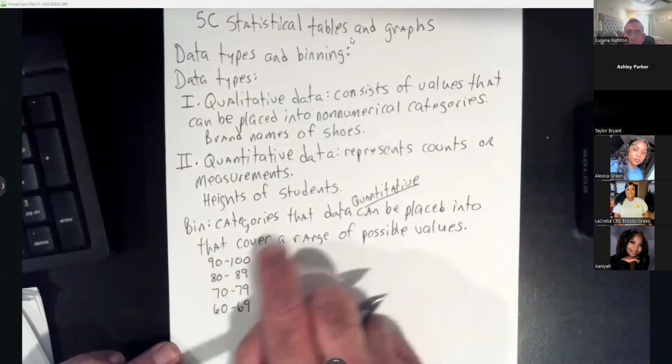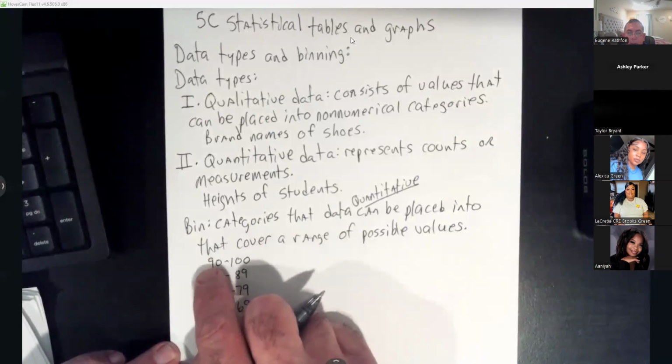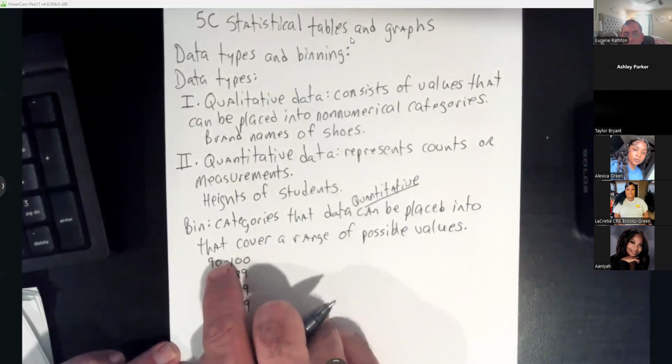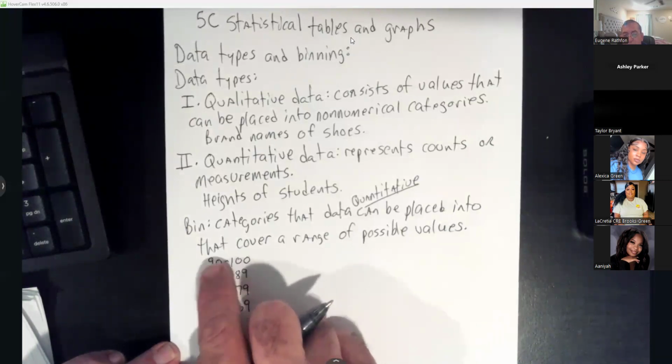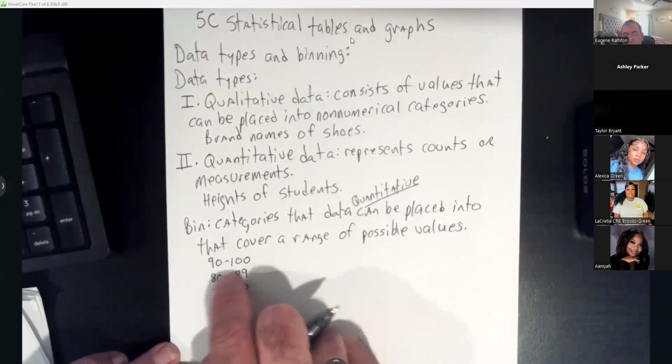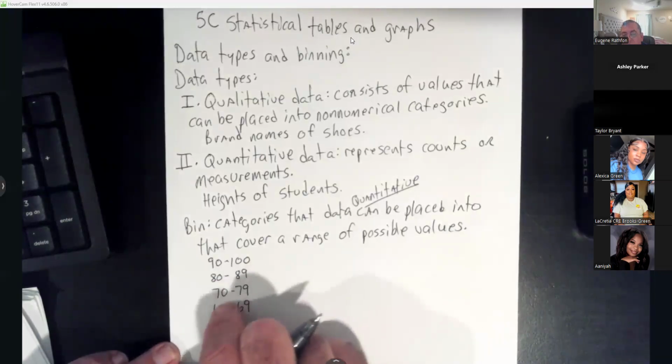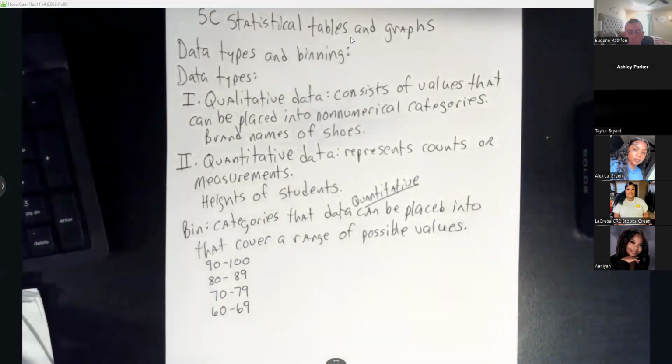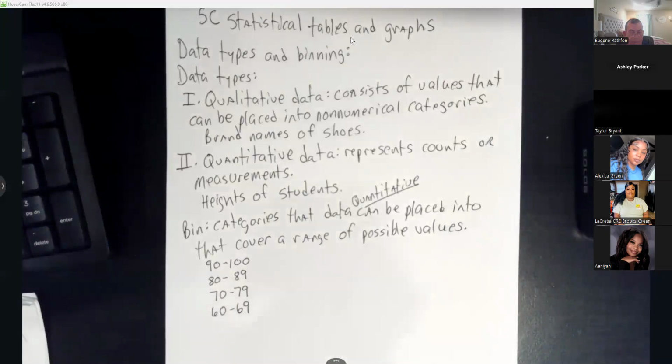So that's what they mean by binning. Each of these is what we call a bin because it covers a range of numbers from 90 to 100, so about 10 scores. And there's about 10 scores per bin on this, okay? So that's what we mean when we talk about bins.